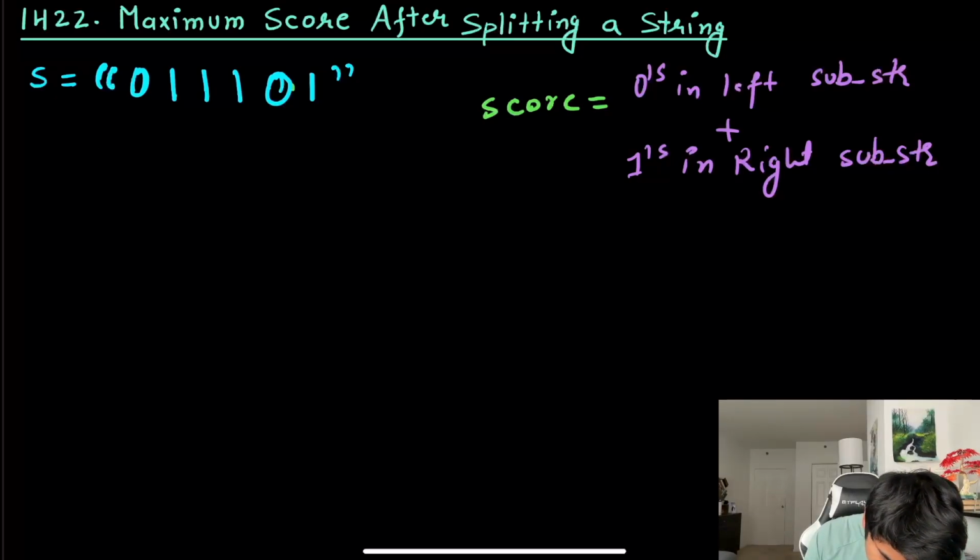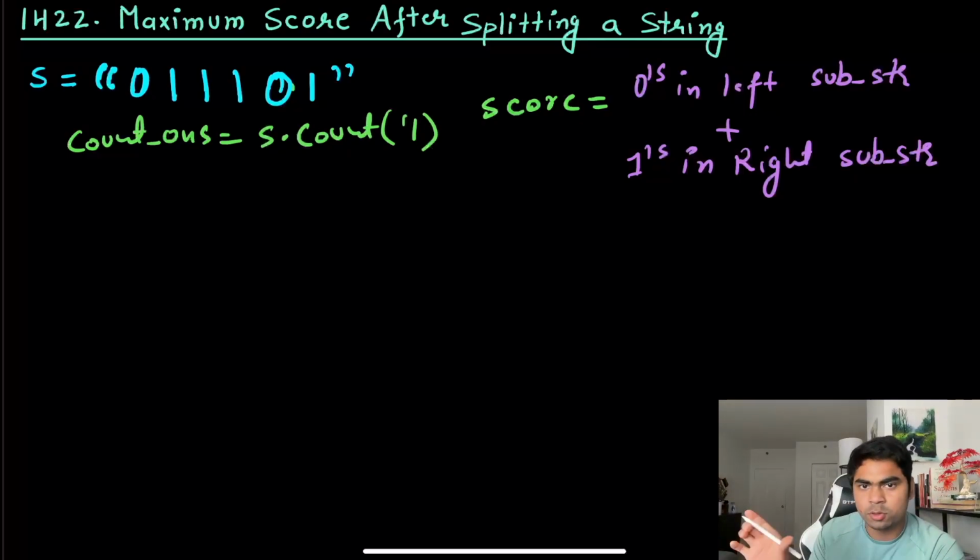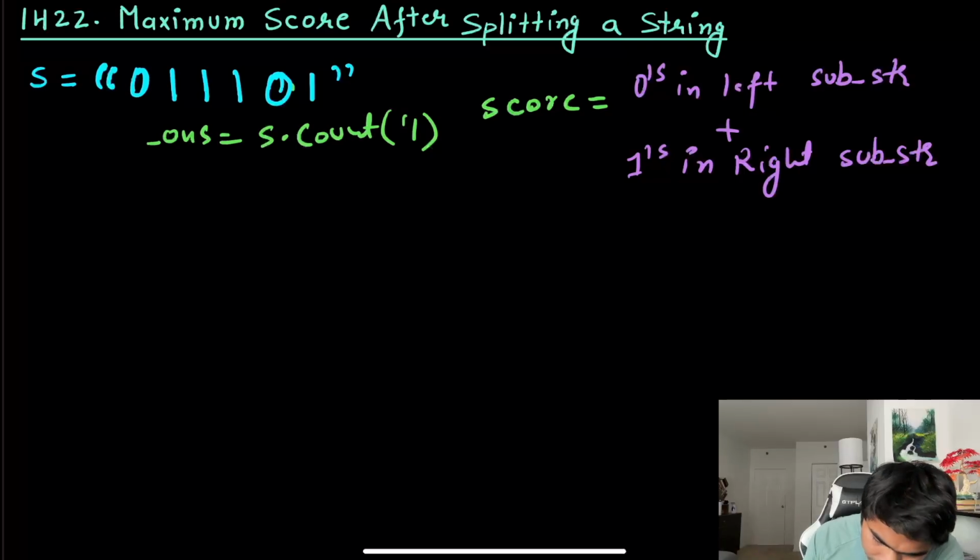So I'm going to say total ones is equal to s.count of 1. So this will give me the total ones.